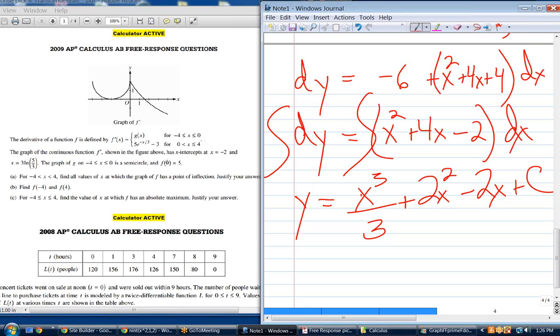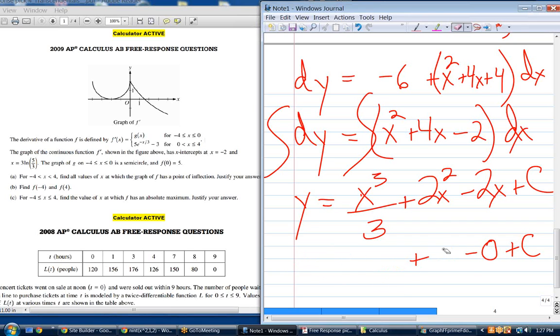They always include an initial condition, and they told us that the initial condition on the semicircle, the left side of this graph, is that f of 0 equals 5. Well, that means y is equal to 5 when x equals 0, telling me that c equals 5. In other words, the initial condition on a differential equation allows you to figure out c.